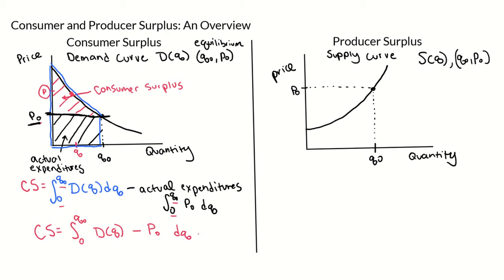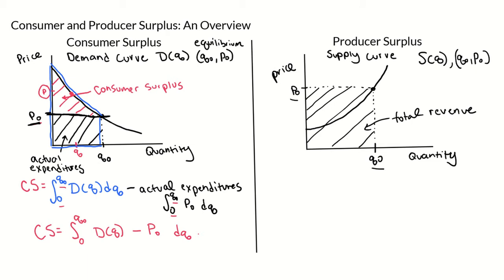So now in this example, this whole rectangle is equal to the total revenue, because we're thinking that this quantity was sold at this price. So we do get that area of the rectangle.